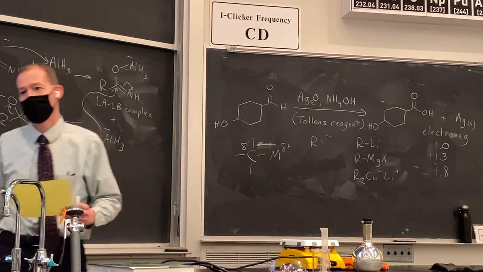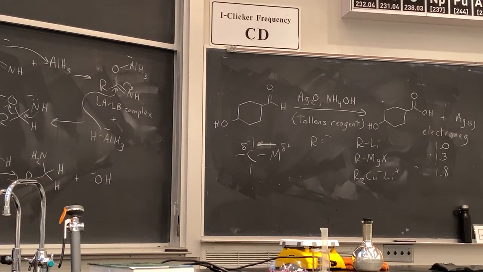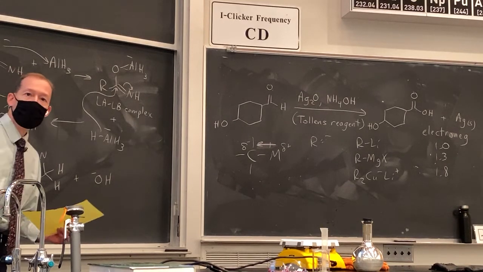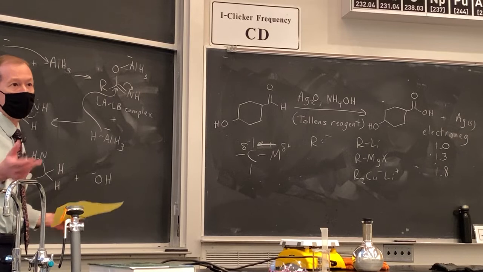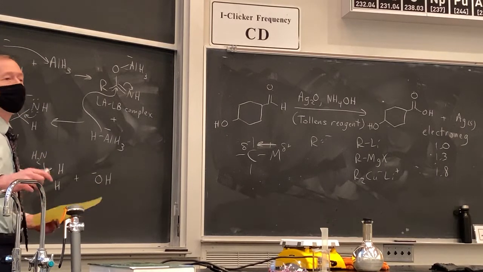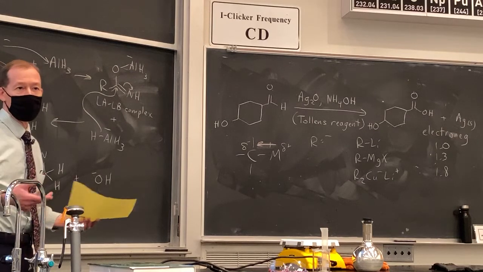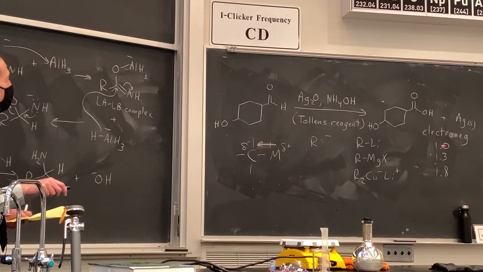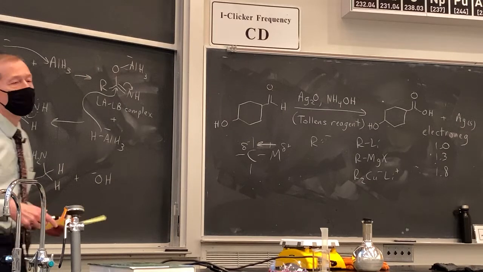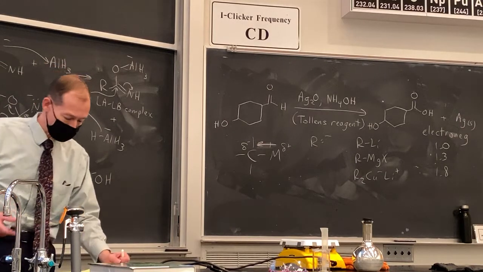Okay, the organolithium will be the most reactive. Carbon's electronegativity is 2.5. I didn't write that up there. But we're going to have the biggest electronegativity difference with lithium in the organolithium reagent. Okay, so this is most reactive. The organocuprate is the least reactive.